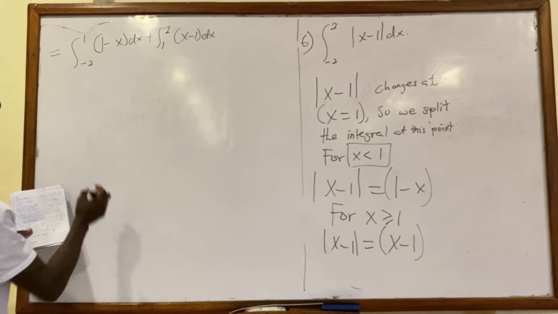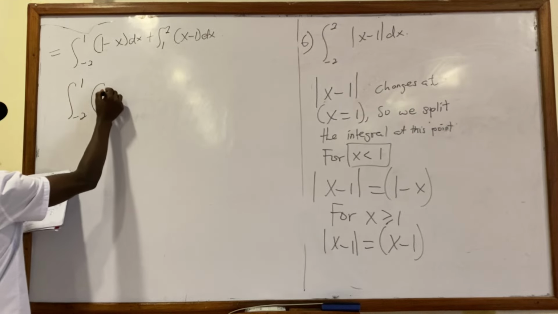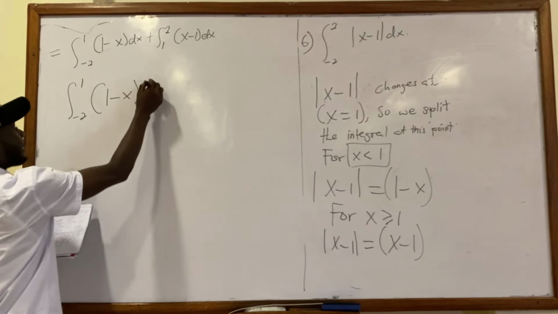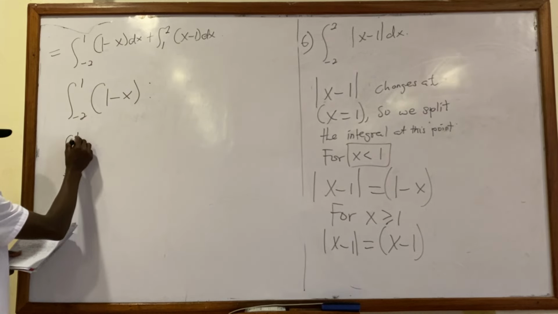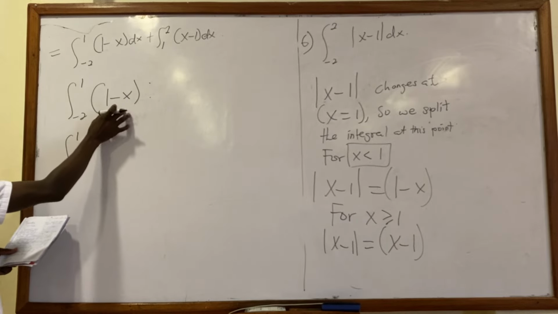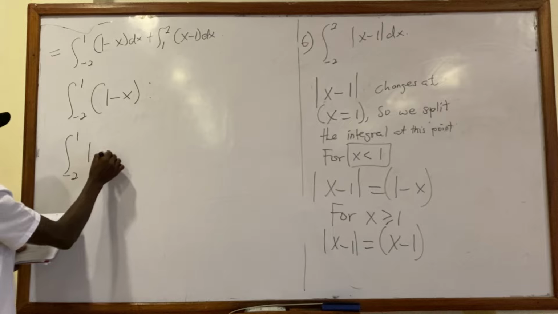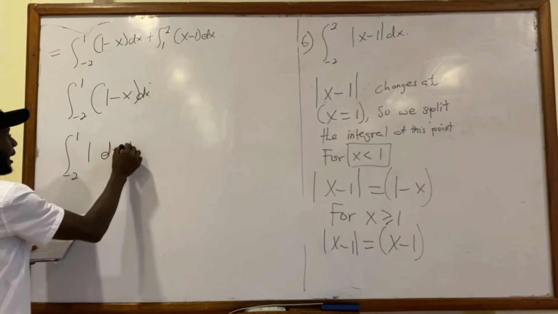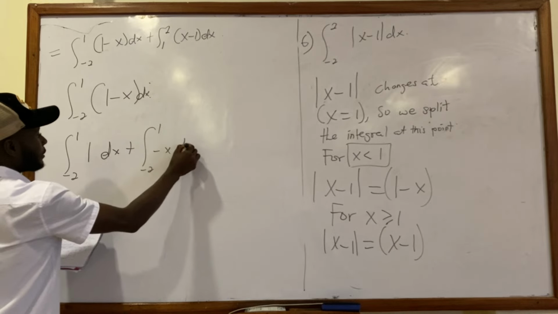So let's take when x is less than 1. All right. So when x is less than 1, then we have this particular function. We can split it into two. So we have integral of this particular function dx plus dx.